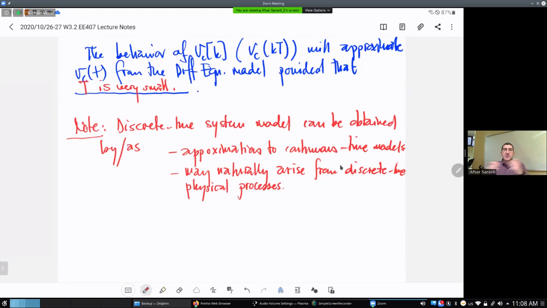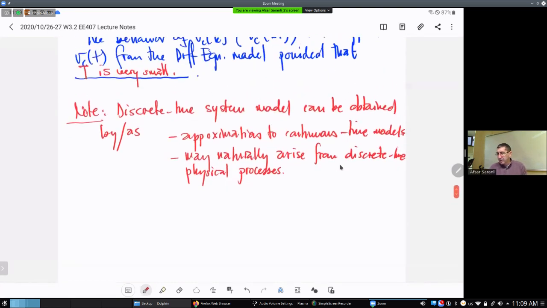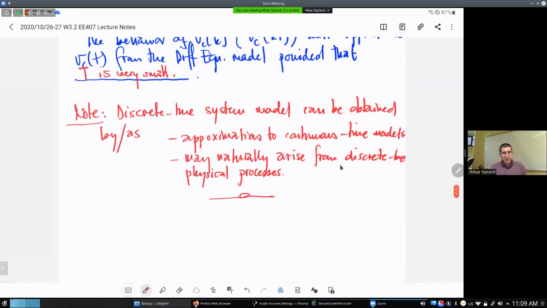Some processes, let's say the stock market, are naturally discrete time. You don't need to discretize a continuous model, as it's already given in terms of difference equations. Any questions so far?